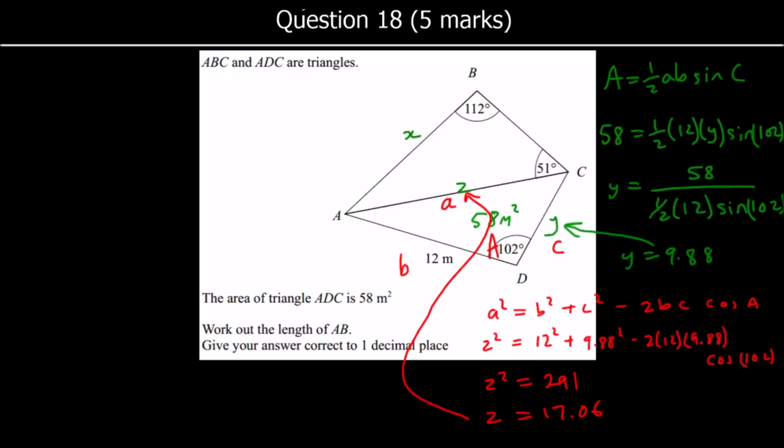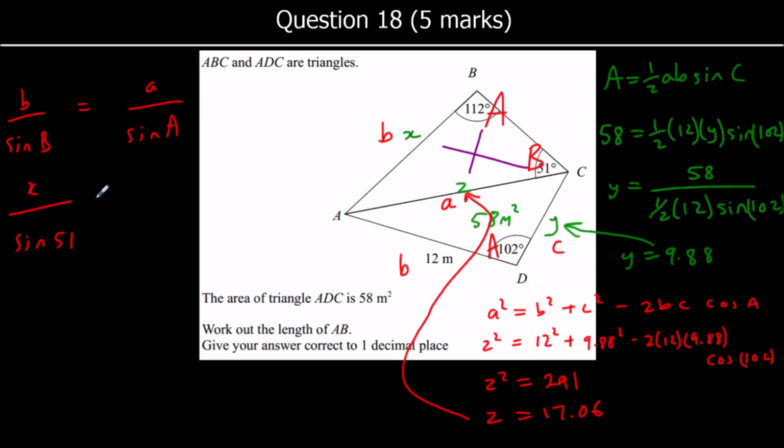Now we've got opposites, so we can use the sine rule. So little a opposite big A, little b opposite big B. So b over sine B is equal to a over sine A. So x over sine 51 equals 17.06 over sine 112.